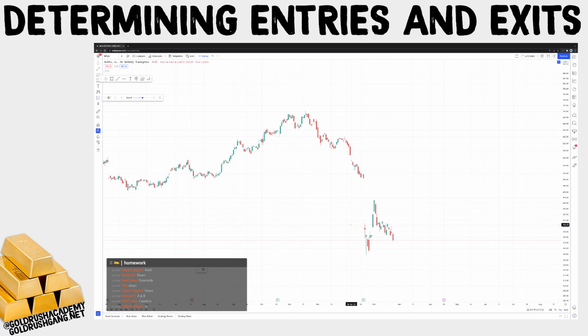And now, where would you set your stop? If I take my entry on candle A first, where am I going to set my stop? Am I going to set it up here at 457.27? Am I going to set it over here at 410.67?